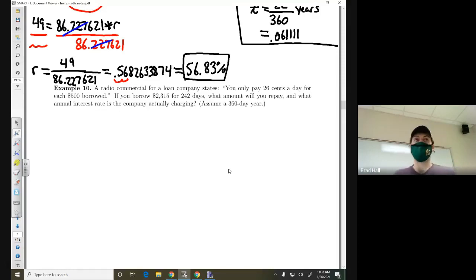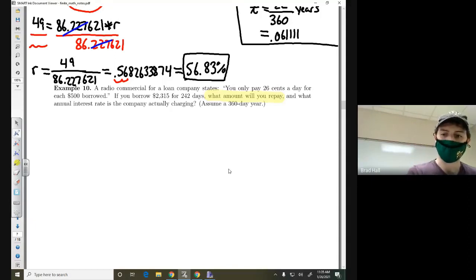Let's figure out the fee. It does ask, what amount will you repay? So ultimately, we're going to have to figure out the total amount we repay, not the fee, but we need to know the fee in order to know what to add to the original amount.